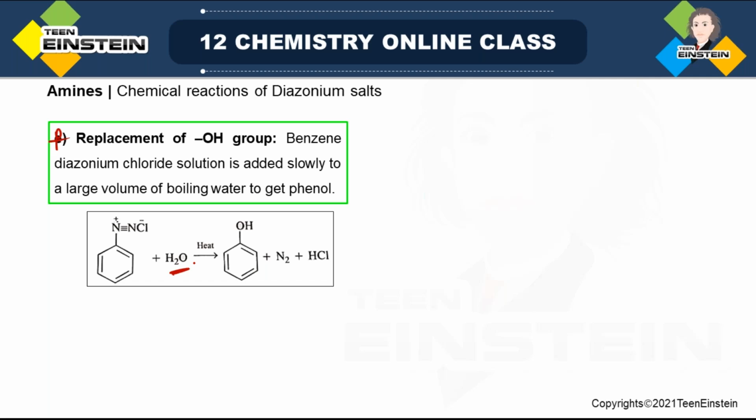And that is why low temperature maintenance when it is in solution is very important, because if somehow the temperature is increased, you will end up with phenol. If you do not want it, keep it cold; if you want it, you deliberately heat. But if you want to stick to this salt, then you have to maintain the cold temperature condition. So here it is added slowly to a large volume of boiling water and we get phenol.